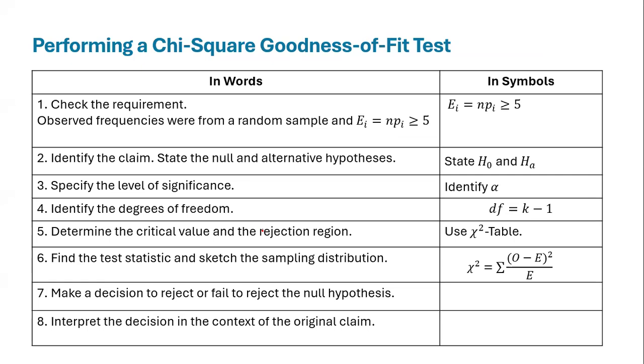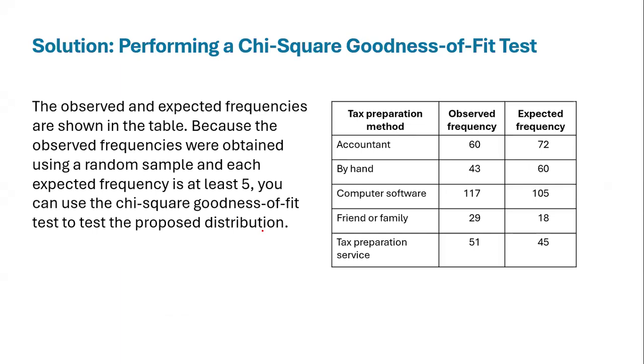We need to write the null and alternative hypotheses. We need to know the alpha, and since we want to use the rejection region method, I need to know the degrees of freedom and use the chi-square table to find the critical value and the rejection region. Then I use the formula to find the test statistic, and based on whether it's in the rejection region or not, I will make my decision and interpret the decision. So let's follow all these steps. We have the numbers for the observed and expected frequency.